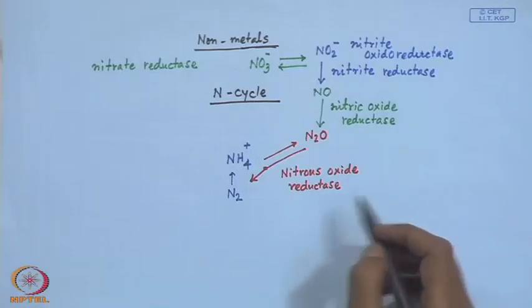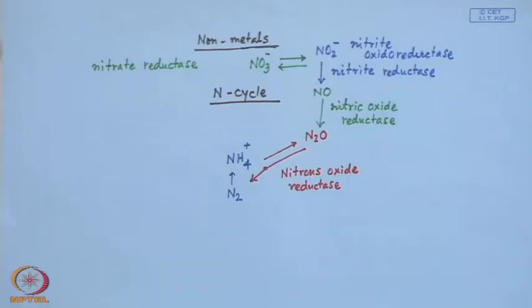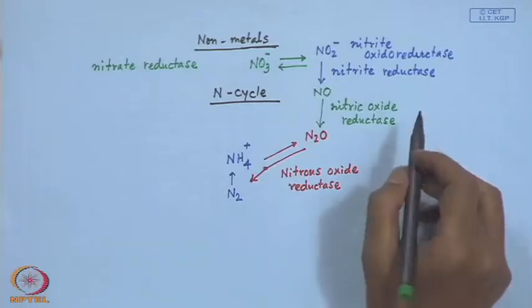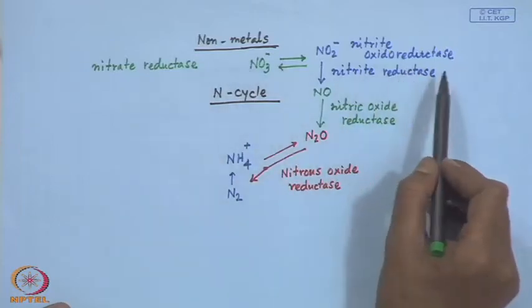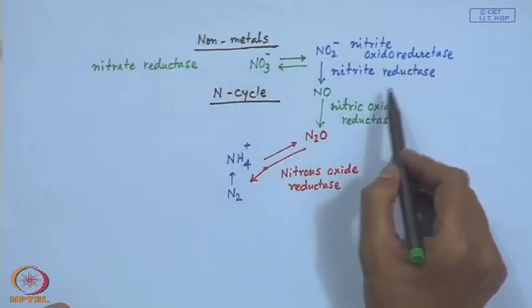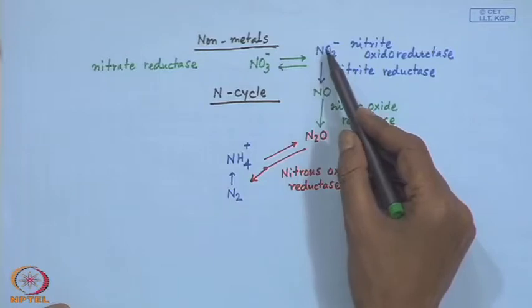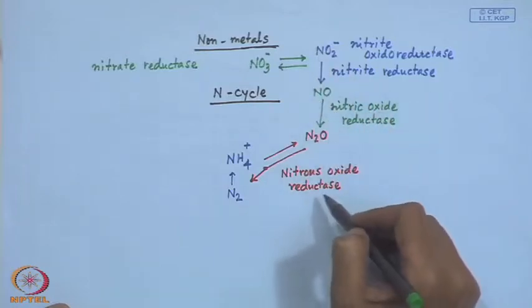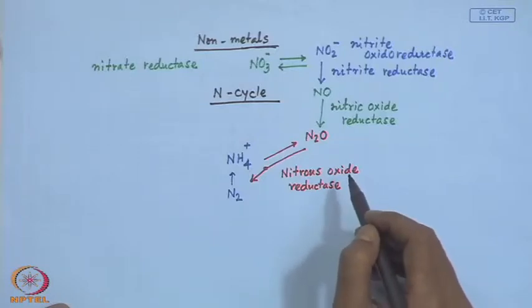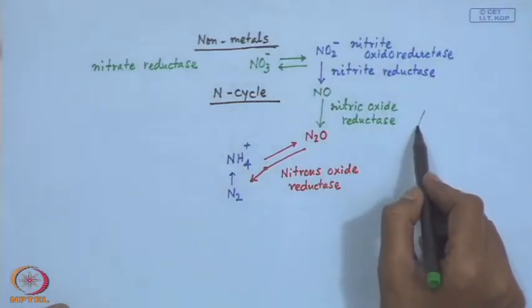So, all these steps basically involve the corresponding enzymatic systems, starting from the nitrate reductase and nitrite oxidoreductase. From here also, when we are reducing nitrite to nitric oxide, then nitric oxide reductase, and nitrous oxide reductase also.